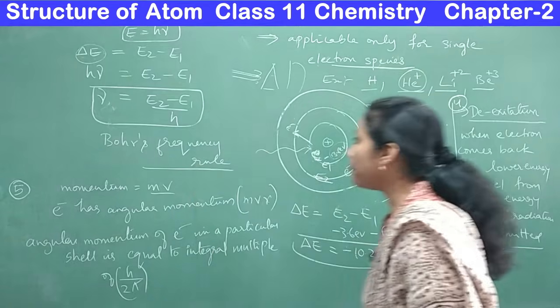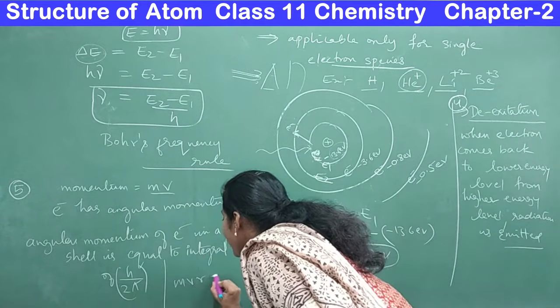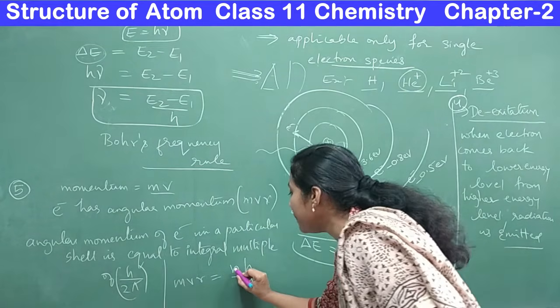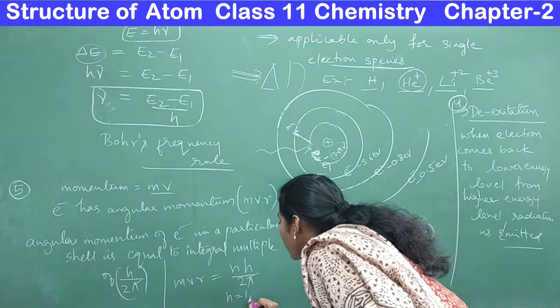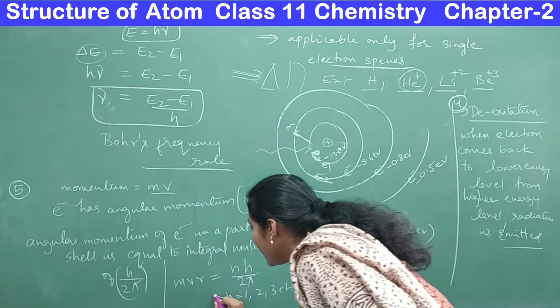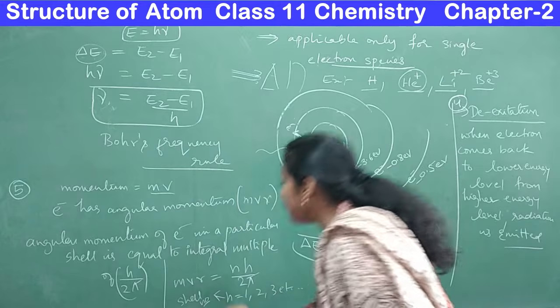In short we say mvr is equal to nh by 2 pi, where n value is equal to 1, 2, 3, etc. So n is our shell number. What is this n? It is nothing but the shell number.